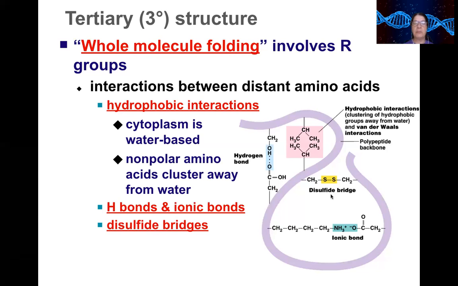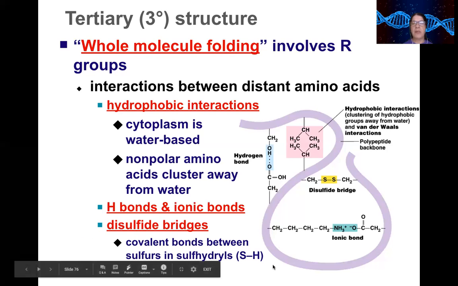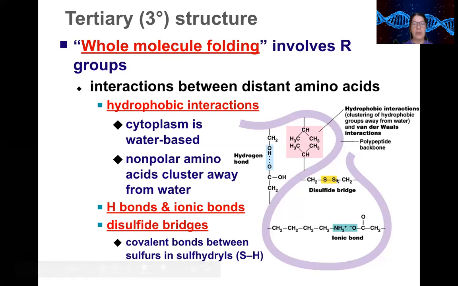Disulfide bridges are the only covalent bonds that are involved in higher order protein structure. They form when two sulfhydryl groups of an amino acid called cysteine are oxidized and form a covalent bond between the two sulfurs.